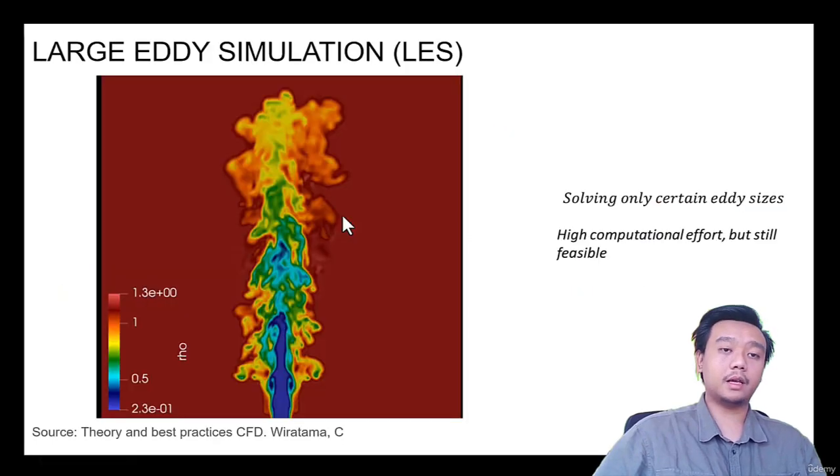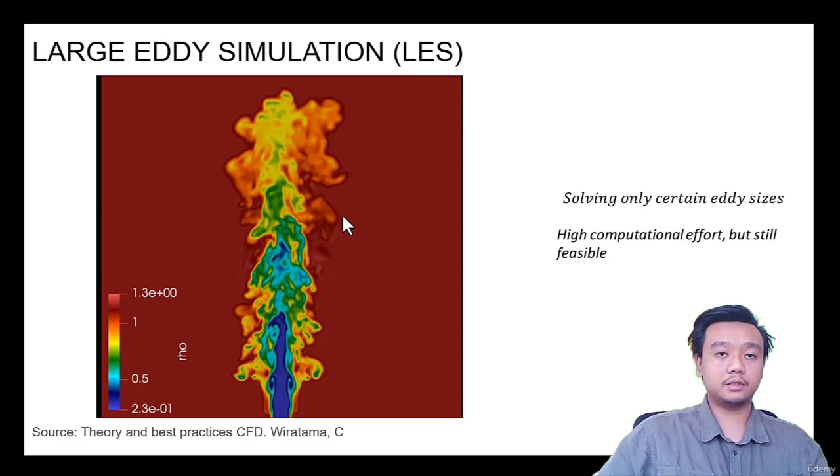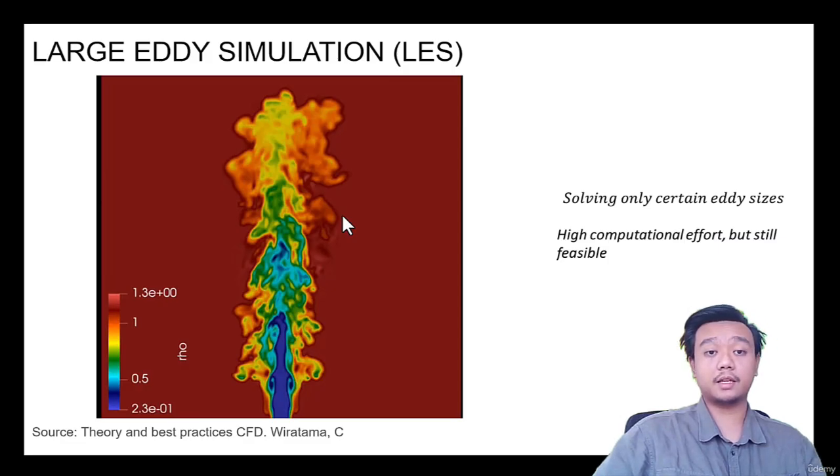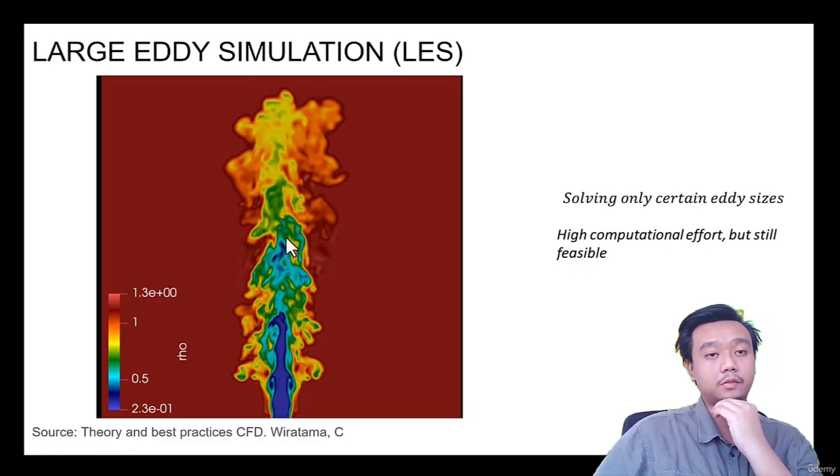Then we also have large eddy simulation, which models turbulence by its eddy size. Let's say we have one meter length of flow and a certain number of eddies with a certain millimeter diameter, the large eddy simulation will solve those specific diameters of eddies.